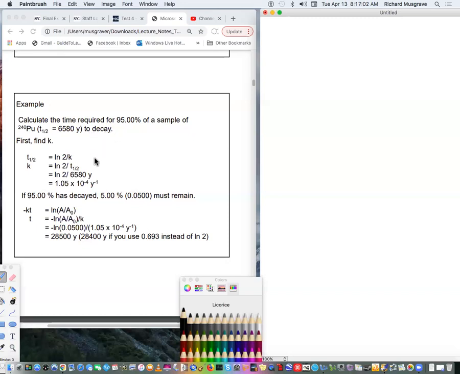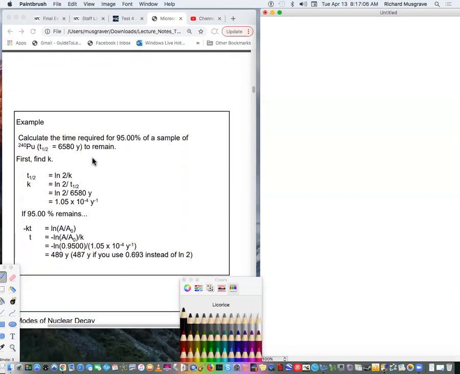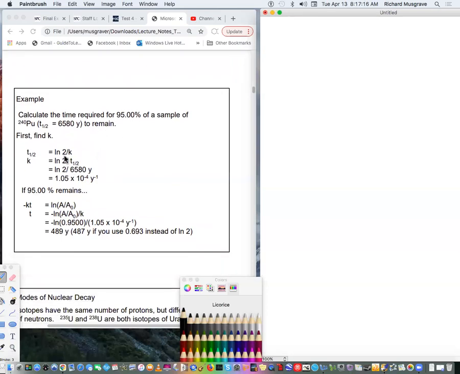This is to decay. And if we look at the question and change the wording to remain here, and this would be the time required for 95% to remain, that means only 5% has decayed. We would do exactly the same math, except that when we get to a over a0, the amount remaining is what it says in the question, which is 0.9500.